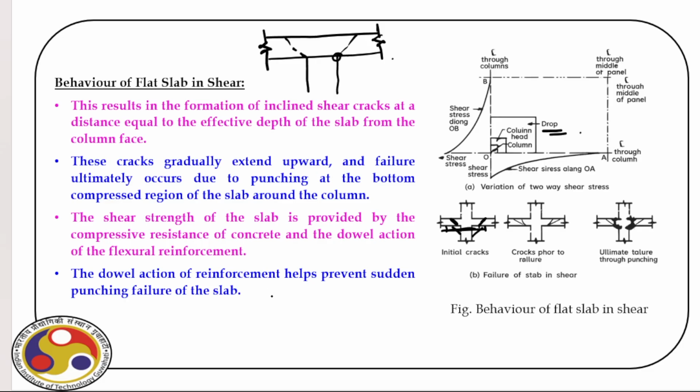Now let us see how the shear strength of this flat slab is achieved. So the shear strength of the slab is provided by the compressive resistance of concrete and the dowel action of the flexural reinforcement, right? So the critical section we'll see in a minute, and then what are the design requirements.